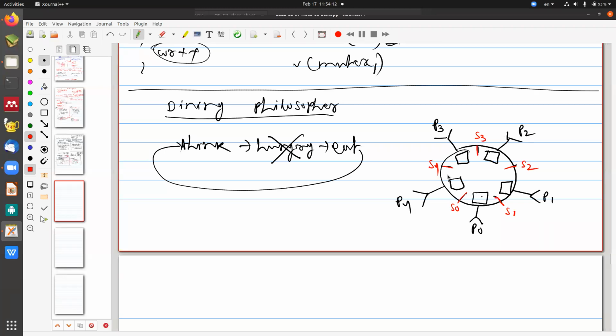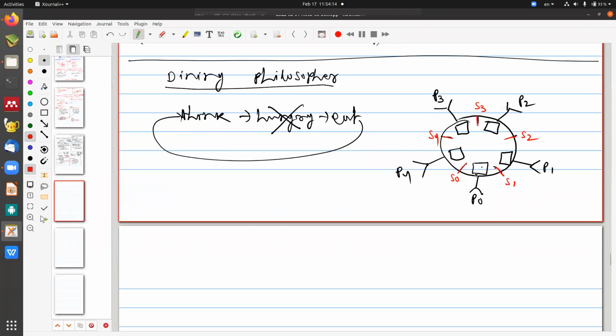Okay, let's see how you can think. The problem may not be the same; it may be thought of in a different way. Now tell me which part of this figure needs to be synchronized and which part does not. If each of these bowls is an individual resource, then the bowls are not to be synchronized.